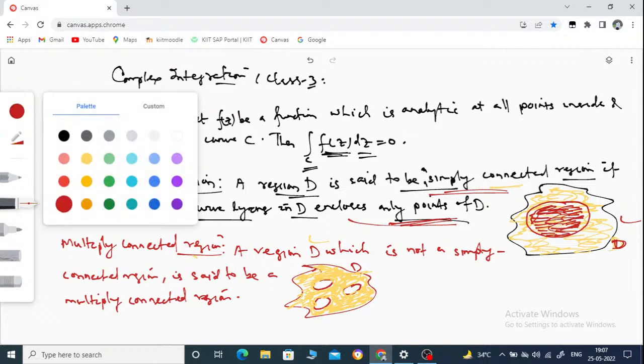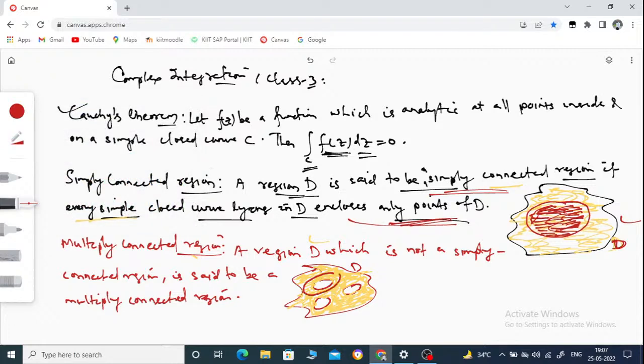This is said to be a multiply connected region because if I take a closed curve like this, it encloses points that are not lying in D. Inside this small curve, the points are not lying in D, but they are enclosed by this closed curve.